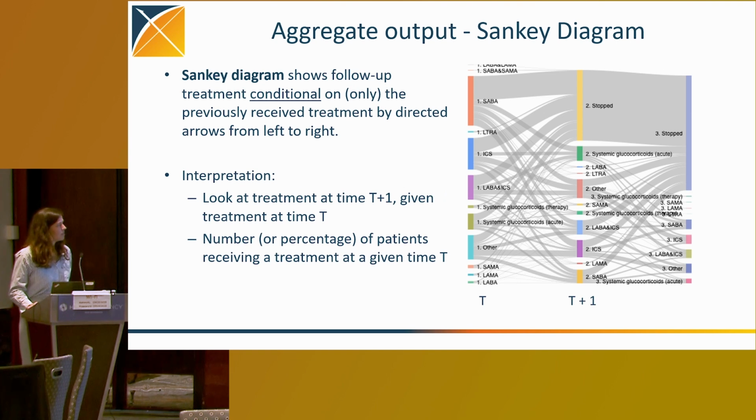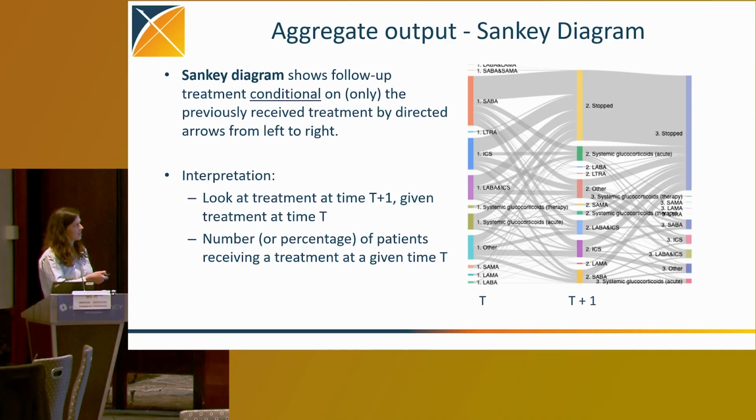I'll just quickly show you the Sankey diagram as well, because I think it's important to realize that although this can be used to visualize treatment pathways as well, you have to read and interpret it very differently, given every stage in a sunburst plot is conditional on the previous. So where in a sunburst plot, what I just showed you, you can see the entire treatment pathway, for a Sankey diagram, you can only see switches in treatments.